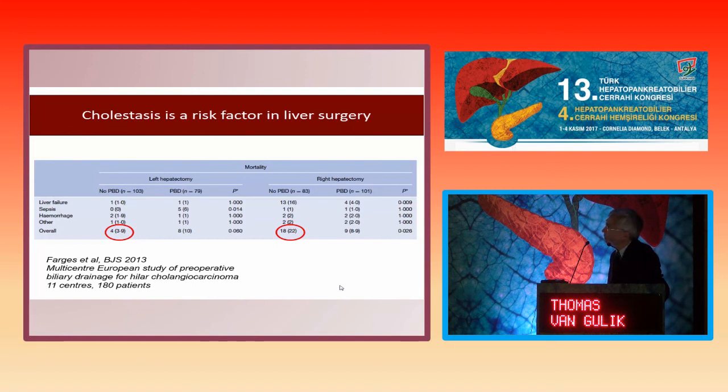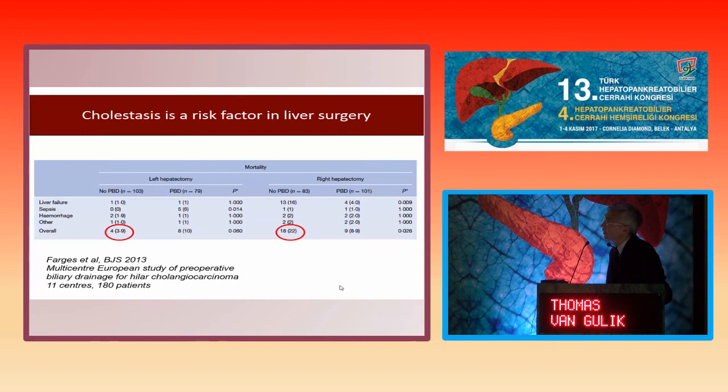However, when you look at the left hepatectomies, which leave a larger amount of future remnant liver, you see that there is not so much difference: in the patients who had a drainage, it was 10%, and in those who had no drainage, it was less, but it was not statistically significant.